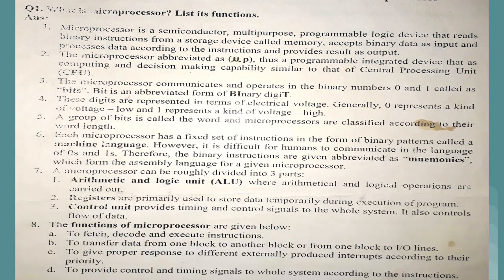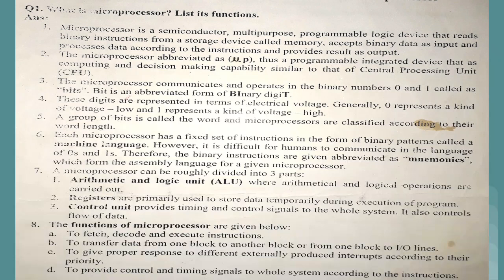That is, first we should read the instruction from the storage area memory, then accept the binary data. Microprocessor accept the binary data as an input, processes that particular data according to the instructions which we have provided, like add, subtract and all, and provides the result as output. Okay, so this is first important point about microprocessor.